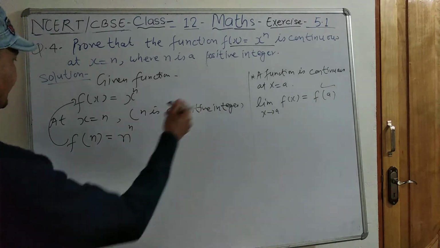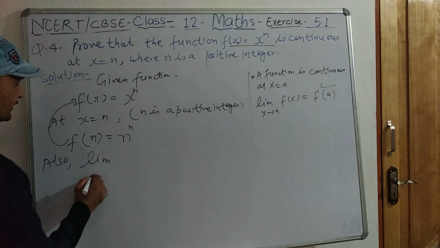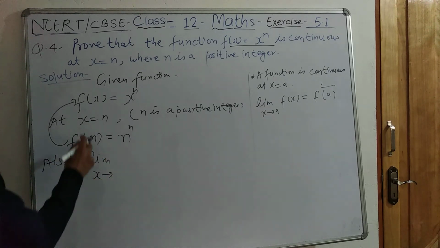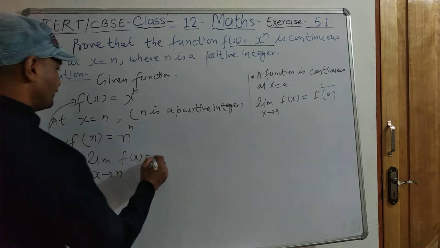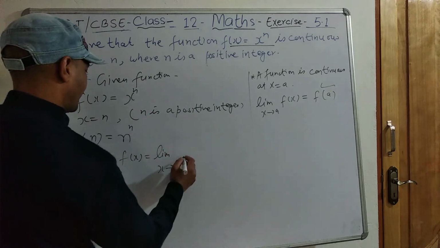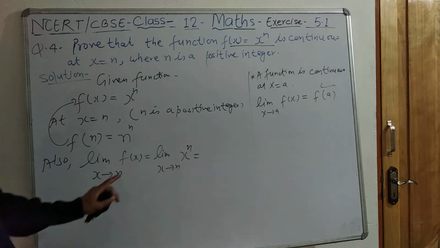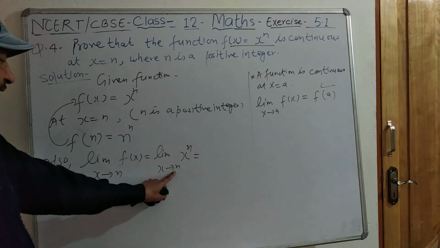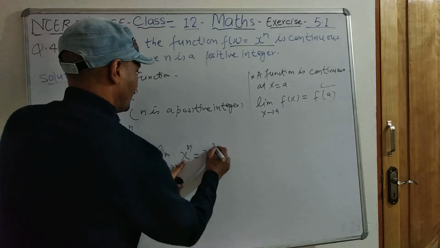And now the limit also: limit x tends to n. The function is x to the power n. So x tends to n, that means putting x is equal to n, we get n power n.